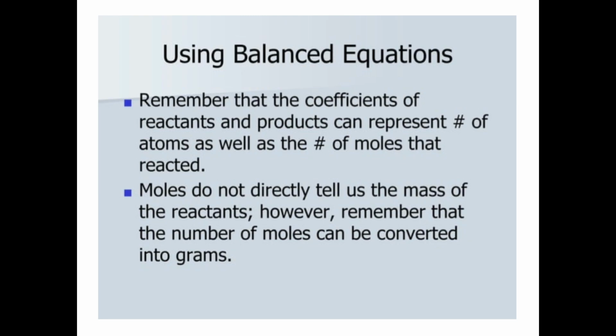For instance, when you have nitrogen reacting with hydrogen to form ammonia, you have N2 plus 3H2 to give 2NH3. In that case, each of those coefficients represents the number of atoms and the number of moles that are present in that reaction.